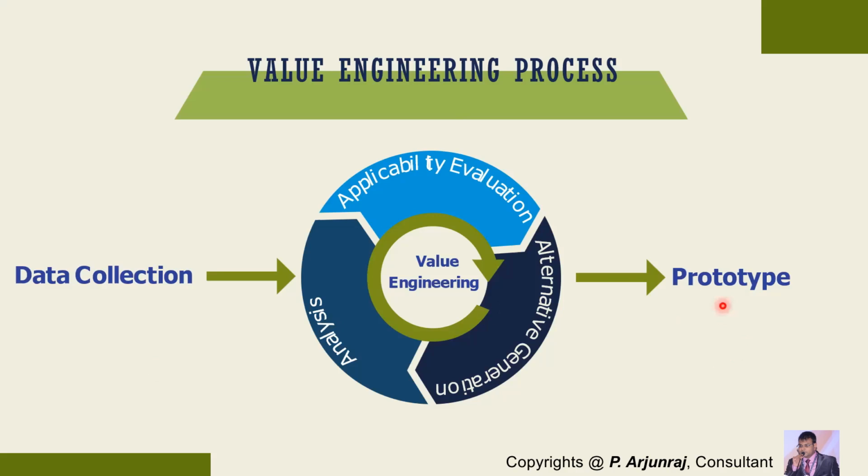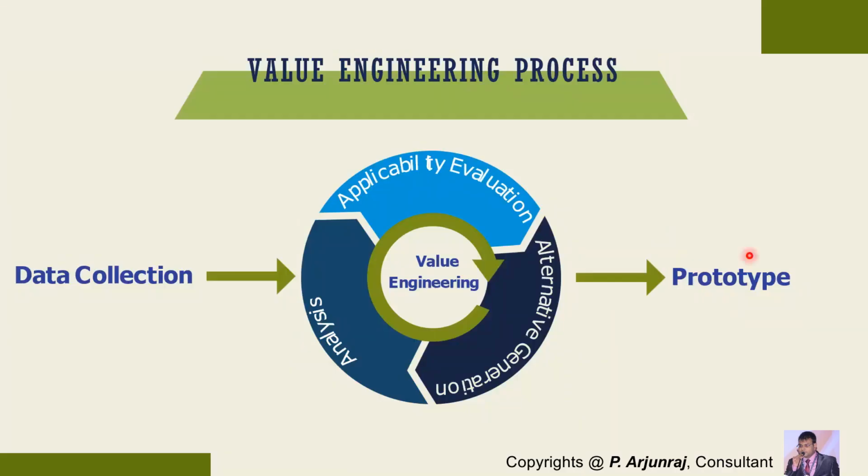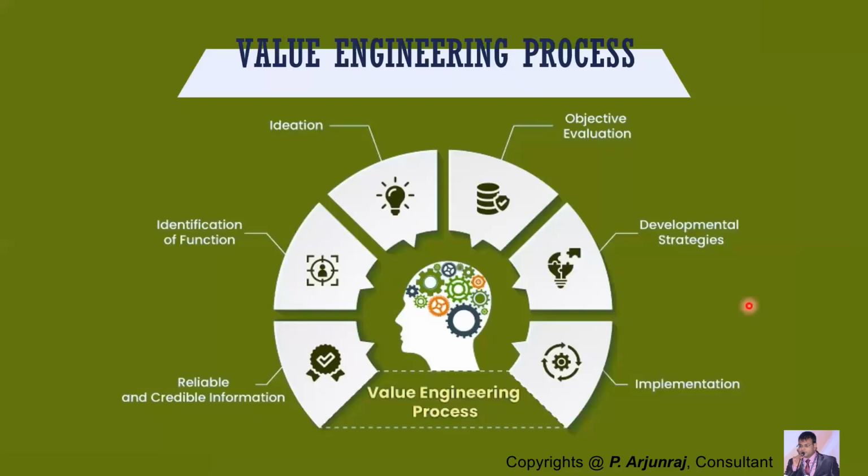Then you can finally test it once again before it goes for pilot production and mass production. This is very important. When you do the prototype, after that you also need to do a lot of testing. In any company, be it automobile or aerospace, where aerospace is very critical, you need to have 100% reliability. Even a small minor error will create a big problem.